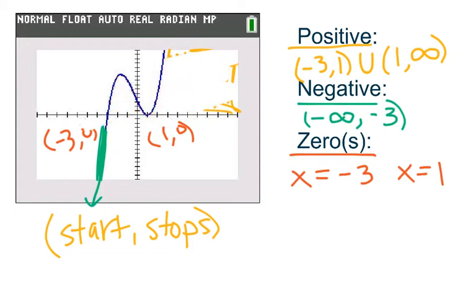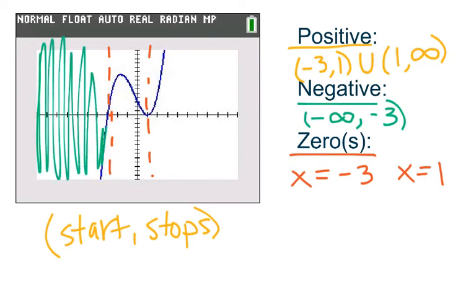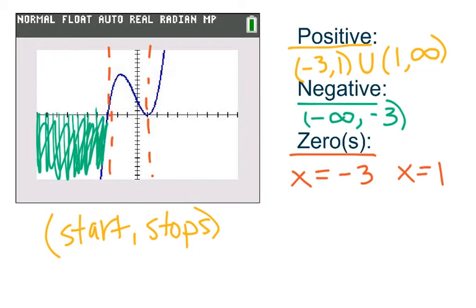Alright, so let me try again. If you were to do a dotted line where it goes through the x, to the left of that first dotted line, you're going to be below the x-axis. The graph is below it.